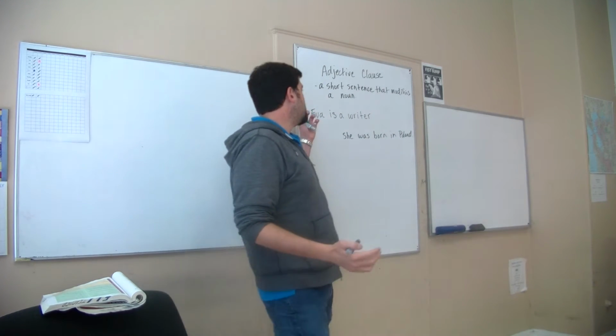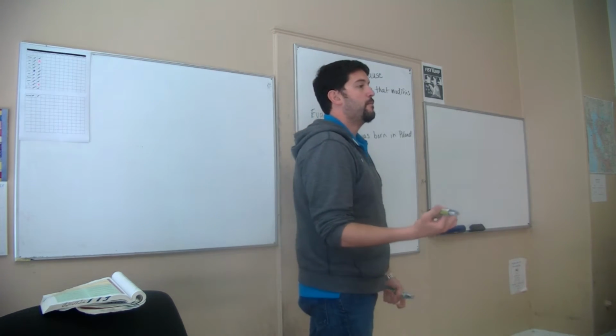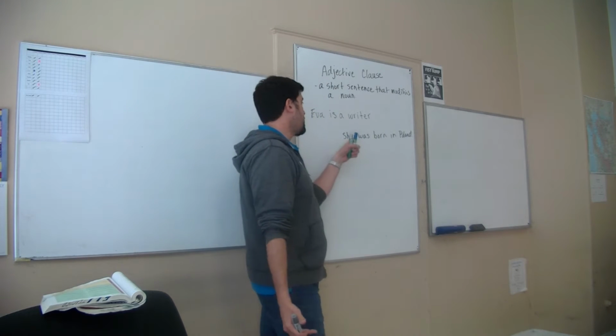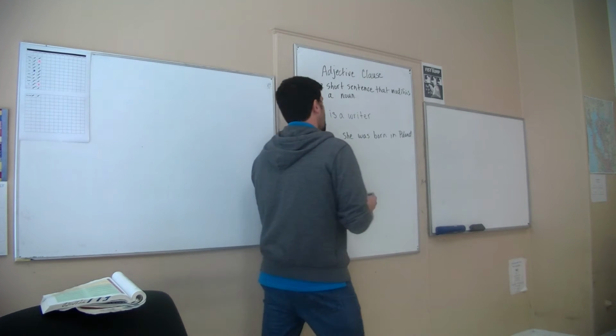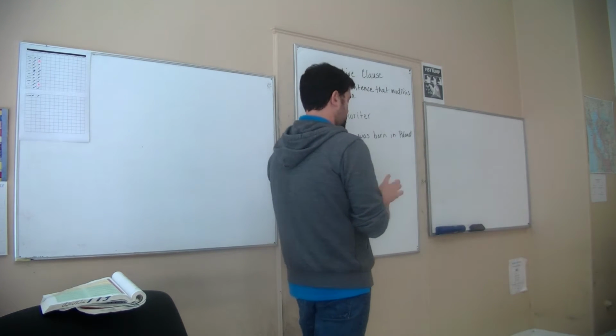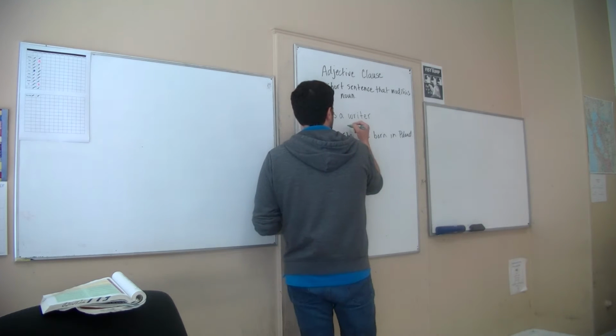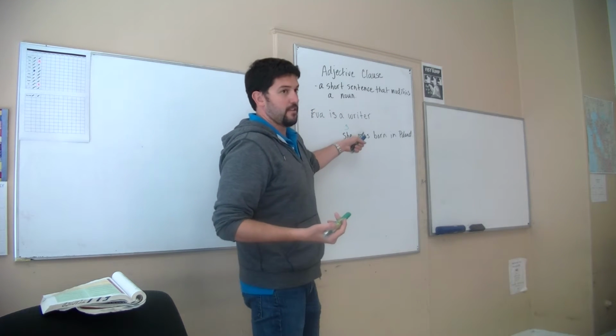So, the first sentence is, Ava's a writer. She was born in Poland. Okay. Now, what we're going to do here is, here we have it as she, right? Okay, good. So she is the subject of the sentence here, right? I'll do green for grammar, okay? Subject. All right. Here's the subject of the sentence.